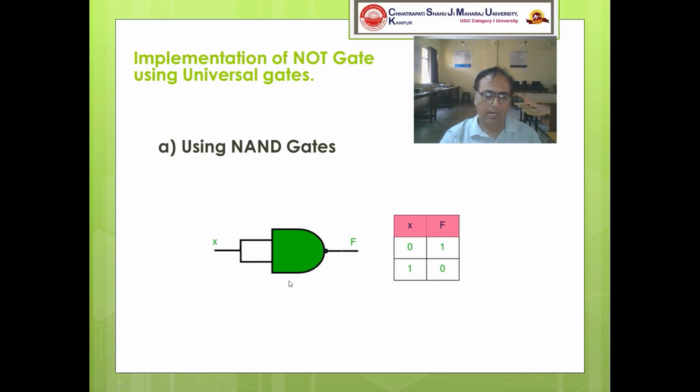So as we see, all the gates can be formed using the universal gates, the NAND and NOR gate. You can also implement other gates, for example, XOR, XNOR, or you can implement any Boolean expression using the NAND gates and NOR gate. That's why these gates are known as universal gates.